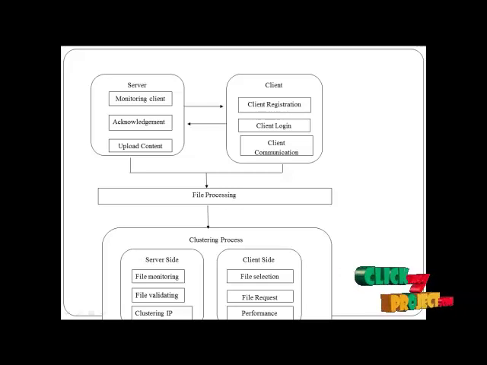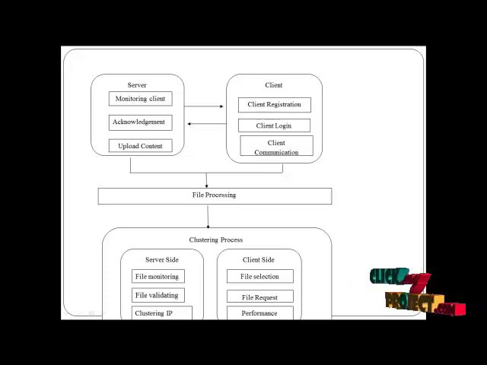After that, file processing can take place. In file processing, the clustering process is based on the servers and the client processing. The client sends a request to the server for the file it wants to send. On the server side, the monitoring process and validation process take place. The client selects the file from the directory and stores it on the server side.